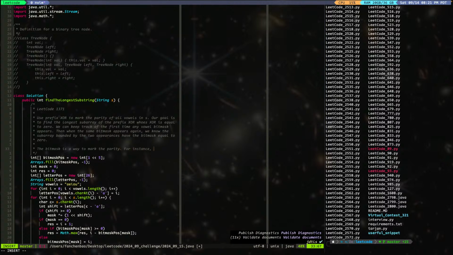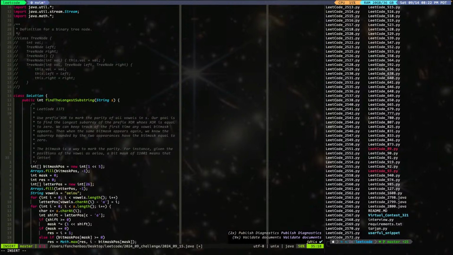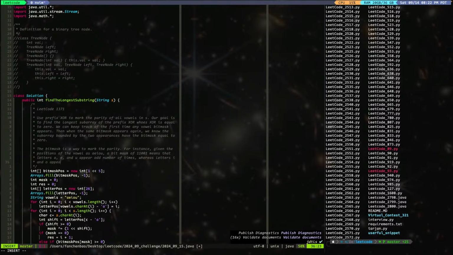For instance, given the position, right, of the vowel as A, E, I, O, U, a bitmask of 11001 means that letters A, E, and U appear odd number of times, whereas letters I and O appear even number of times.